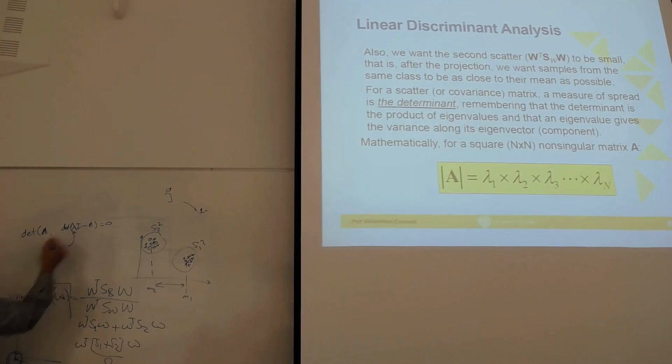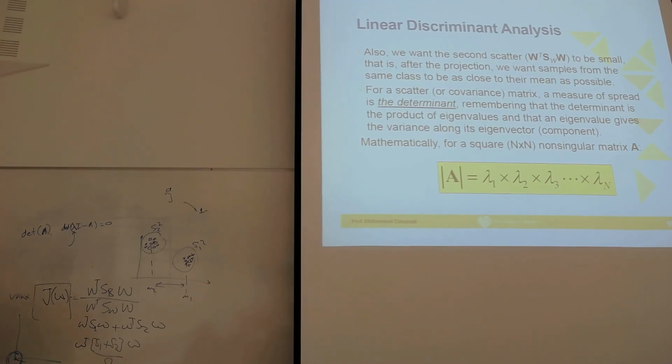Then you find the eigenvalues, and then you can also find the eigenvectors. We know how to compute the determinant in general. Of course, if it is 2 by 2 it is easy to find by hand, or even 3 by 3, but for larger matrices you need to use some mathematical packages.